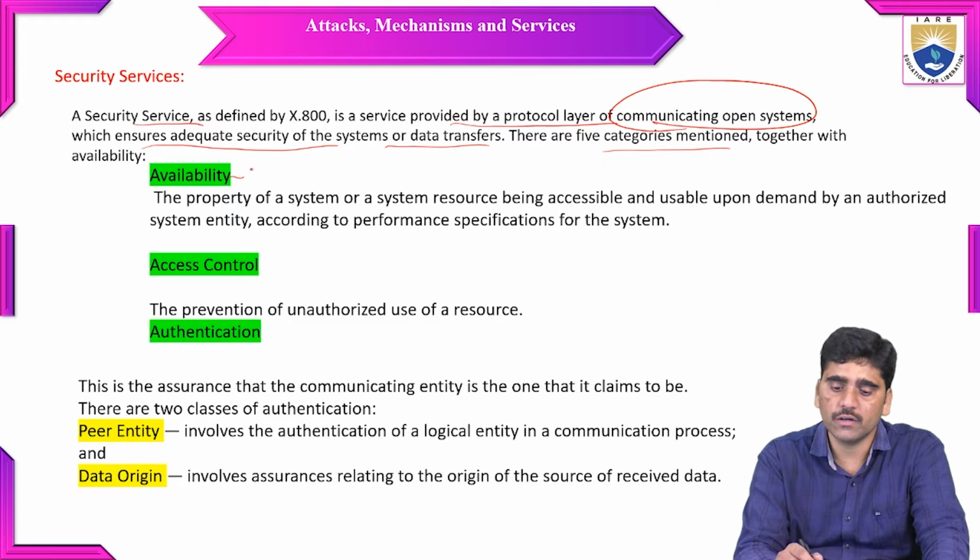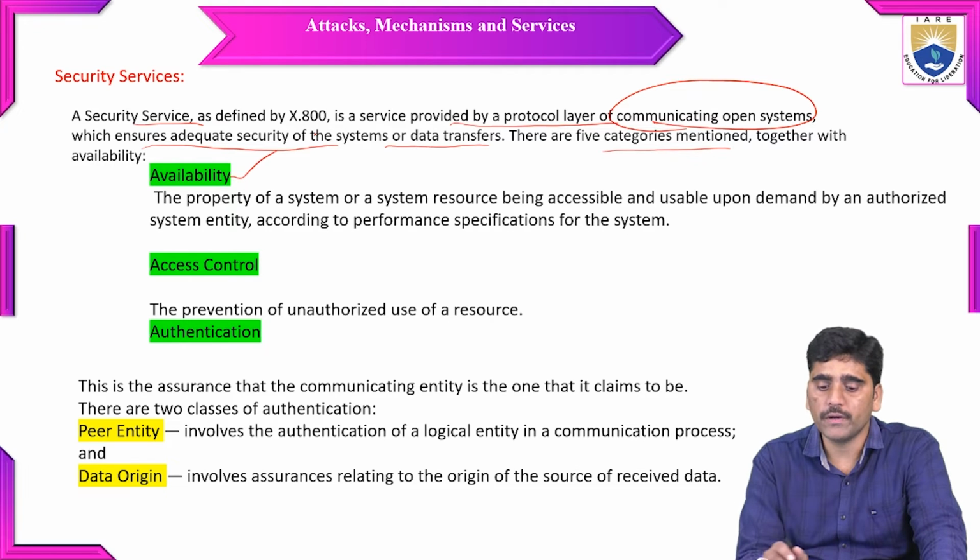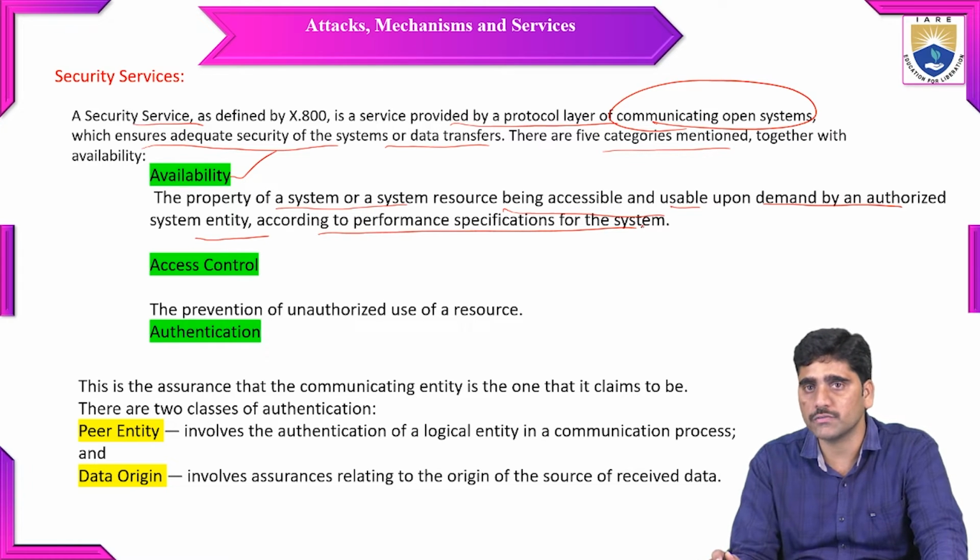The first one is availability. It is the property of a system or system resource being accessible and usable upon demand by an authorized system entity, according to performance specifications for the system. So availability of the data, availability of the system, availability of the network.